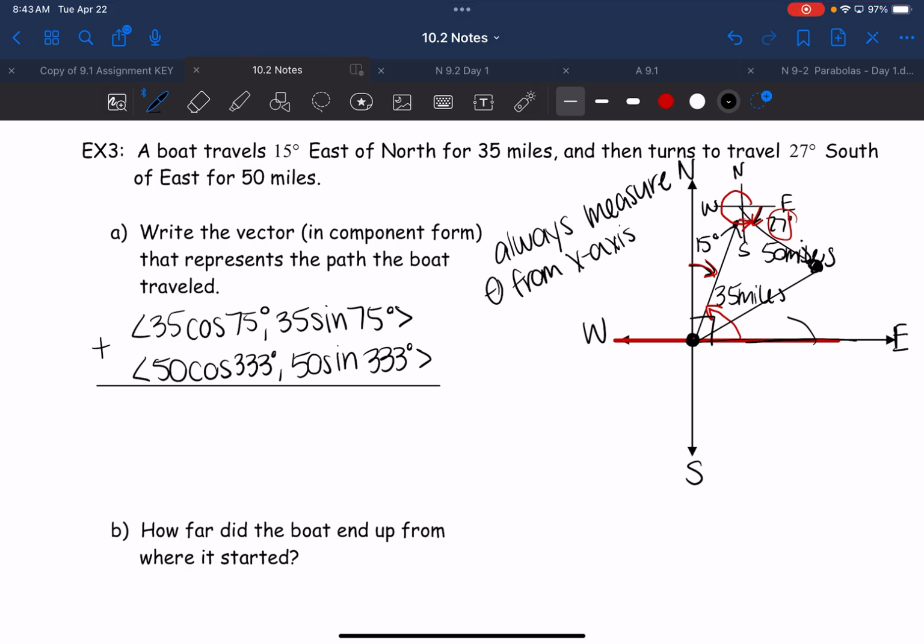You'd add your 35 cosine of 75 plus 50 cosine of 333. Just adding the two x components together.